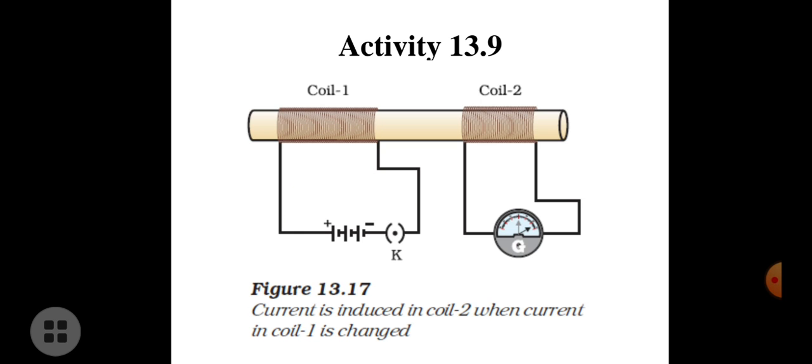Due to this decrease, there is again a change in magnetic field lines near coil 2, which is decreasing, meaning changing. So again current is induced in the circuit, and the galvanometer shows a deflection in the opposite direction.